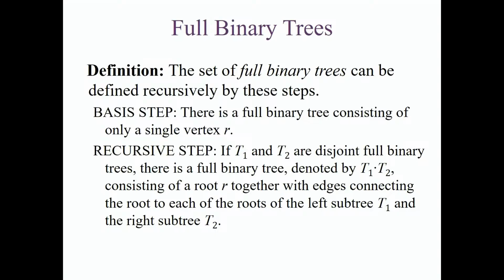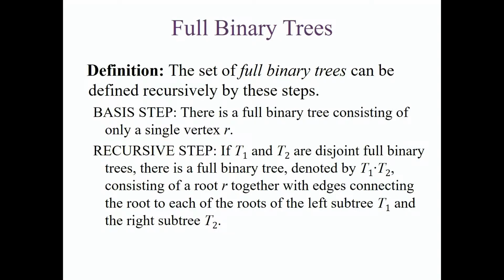For the recursive step, we can tell the difference. If T1 and T2 are disjoint full binary trees, then there is a full binary tree denoted by T1, T2 consisting of root R together with edges connecting to T1 and T2.